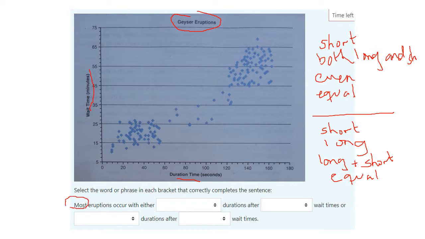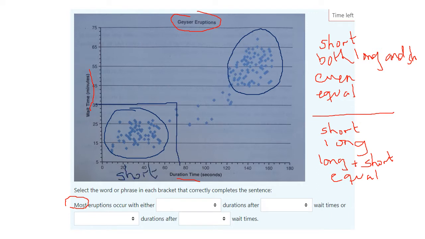with either. Now, if you look at the graph, where do most of the eruptions occur? Well, a lot of the eruptions are down here, and a lot of the eruptions are up here. So if we take this section of the graph, they have short duration and short wait time, or they have a long duration and a long wait time.